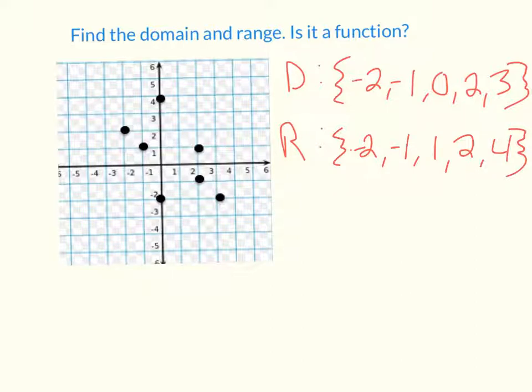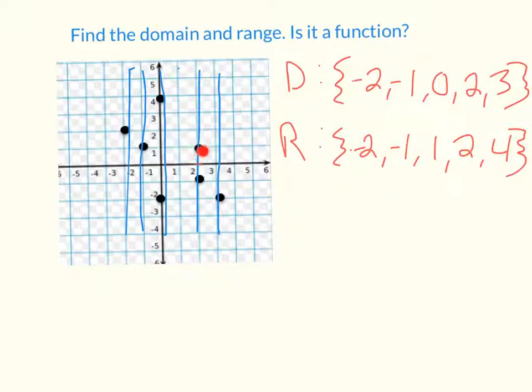Is this a function? The good thing about graphs is there's this thing called the vertical line test, okay? So I'm looking at it, I'm thinking, all right, if I make vertical lines like so, is there only one point on each vertical line? So if I'm looking at that, I see, hey, I have this point and this point on the same vertical line.